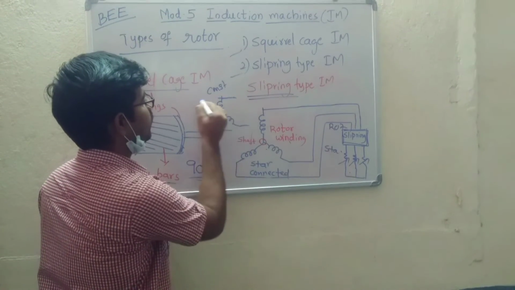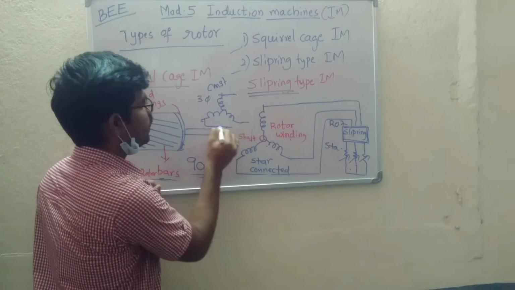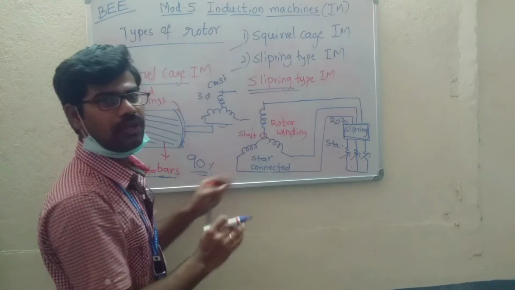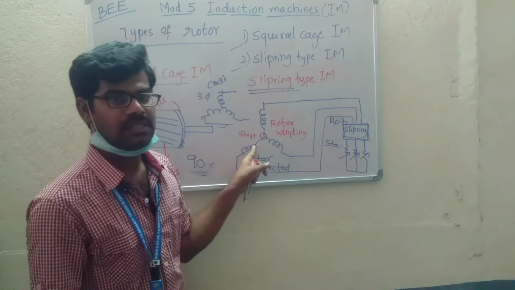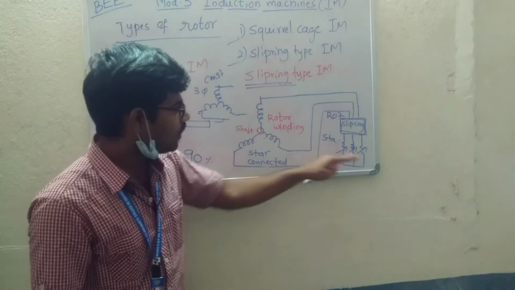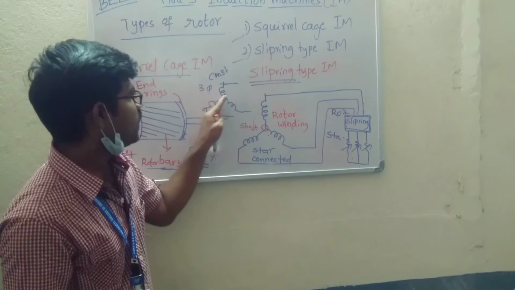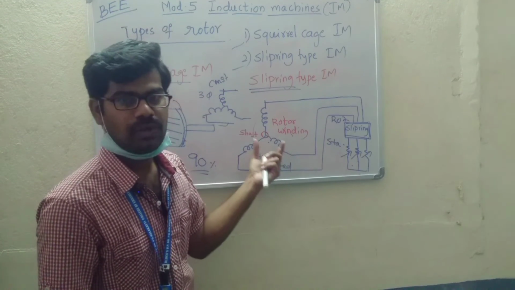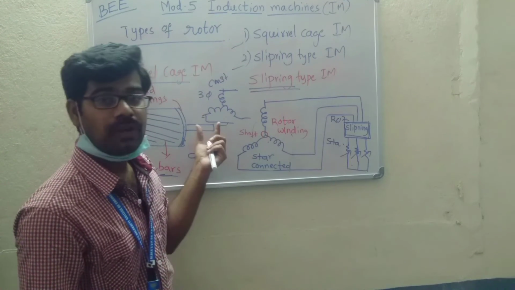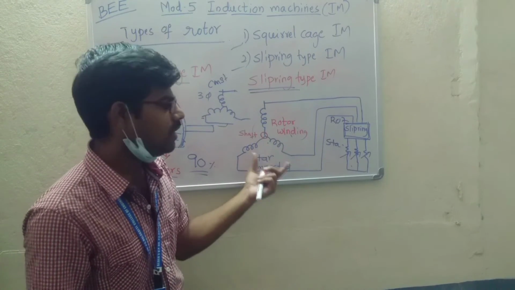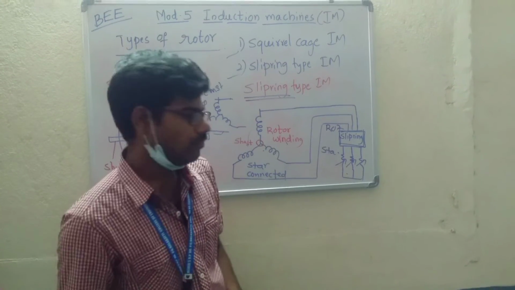The stator is connected to the three-phase supply, and the rotor is also three-phase, connected to slip rings. I will show all these things: what is the stator, what is the rotor, and the different types of rotor, in the construction part.